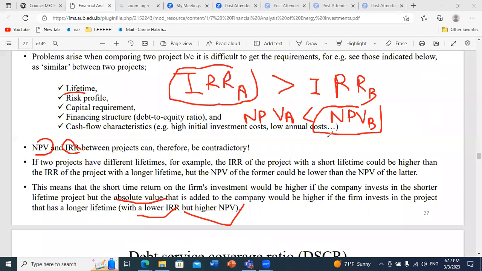Or if, let's say, you have a power plant and it can operate for several years, and you are sure that you can stay in this location for a long period of time, you can select the projects with larger NPV.